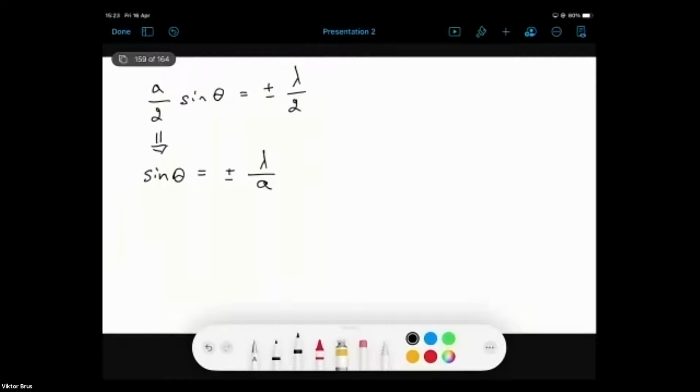However, we can do it in different ways. Dividing the slit into 4 parts, the distance between the sources of light which we consider will be not 1/2 but 1/4 of the width of the slit. Following the same reasoning, we will find that the viewing screen is also dark when the following condition is true: sine theta equals plus or minus 2 lambda divided by A. And so on.